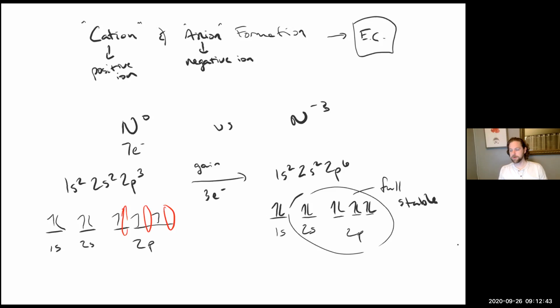If I were to do another example, with a metal, something like potassium, potassium only has 1 valence electron. If we look at its electron configuration, it has argon, and then 4s1. So it just has 1 electron in its outer valence shell.